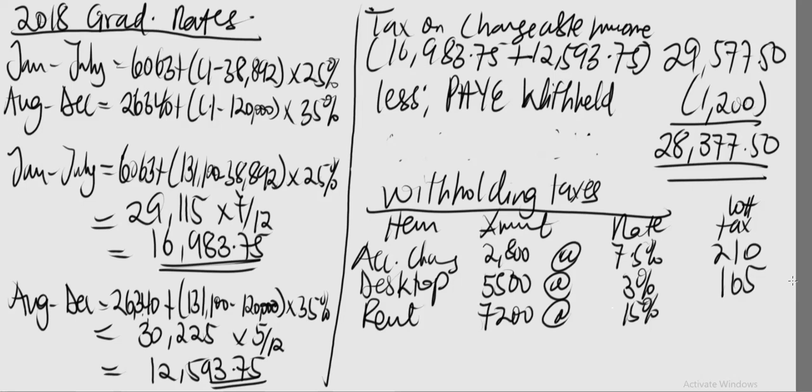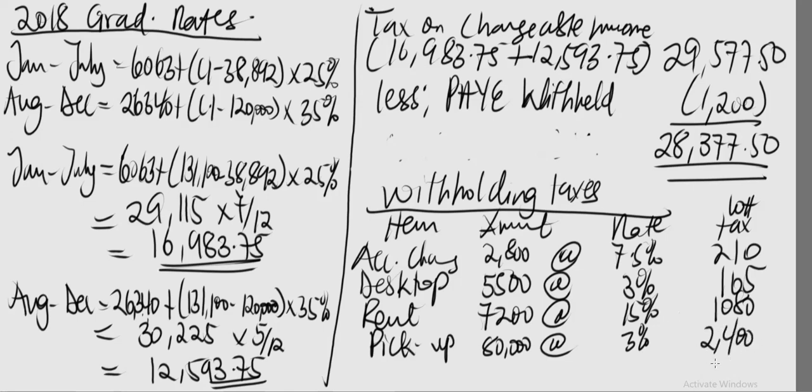So 7,200 at 15% gives us 1,080. Then we have the Toyota pickup, which was 80,000, also goods, so at 3%, that gives us 2,400.